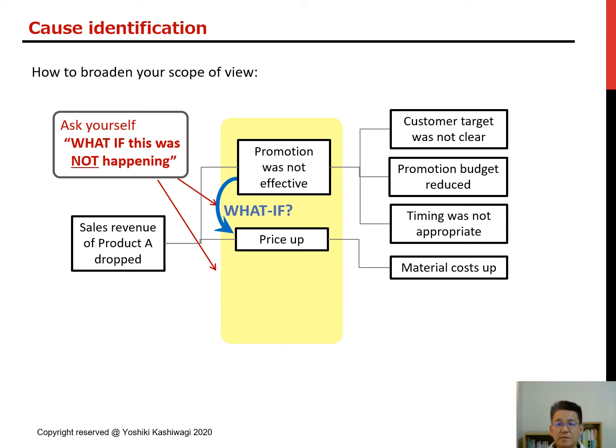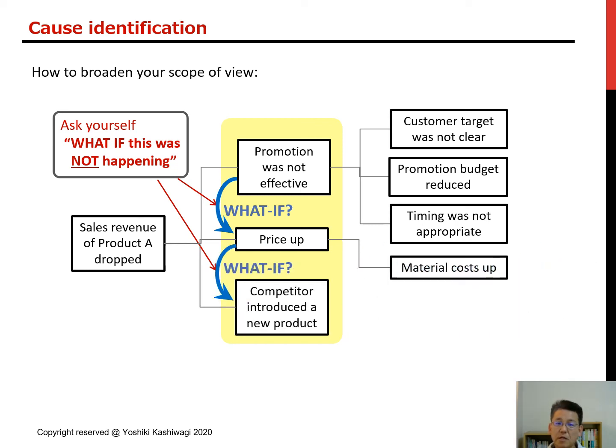Okay, the next, you can do the same practice again. What if promotion was effective, at the same time price was not going up, but still your sales revenue drops? Do you come up with other reasons? Okay, promotion, no problem. Price, no problem. Still you have a problem. In such a case, yes, you can come up with a reason about the competitor. Competitor introduced a new product.